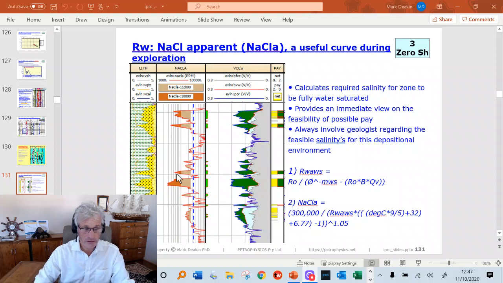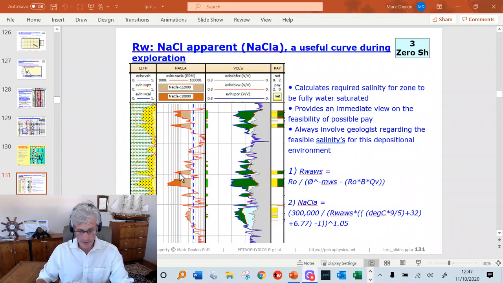So if you use 0.06 as the bulk volume water at irreducible, you can then work out the saturation and then work out the salinity for the observed values of porosity and resistivity. And you can get another curve in there, which is the NaClA at SWI.